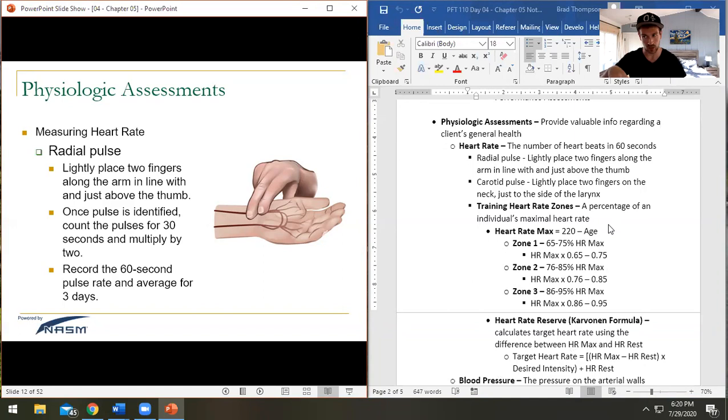But the Rockport Walk Test, which is the one we're going to prefer for obese clientele, is going to be just what their heart rate is at the end of the test. So for that one, a 6-second method multiplied by 10 is going to be your best friend, because the longer you take that measurement, the more their heart rate comes down, and that starts to skew the results.